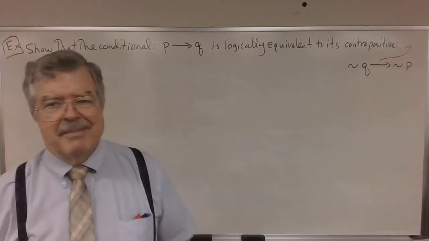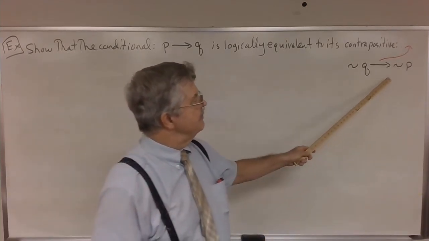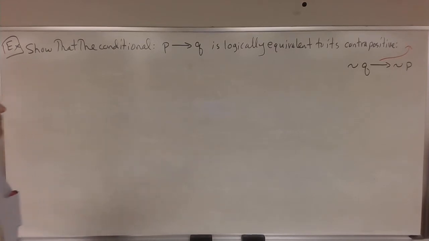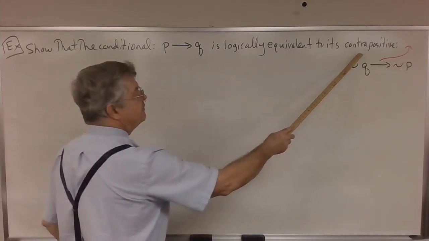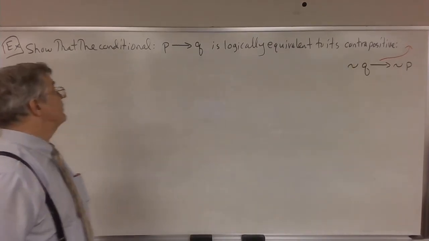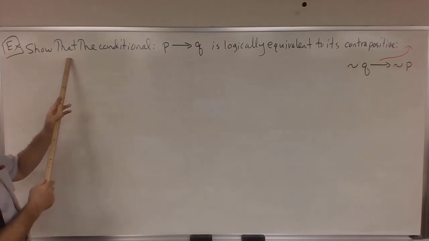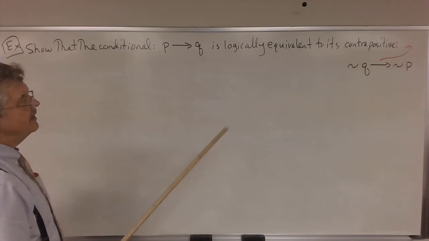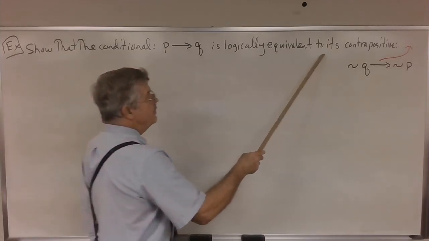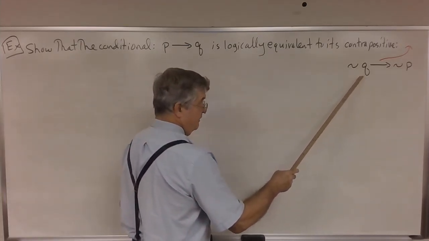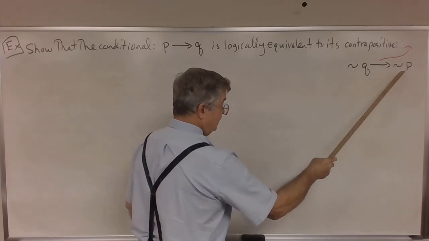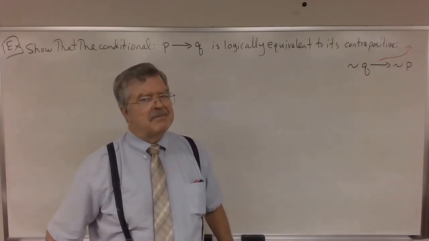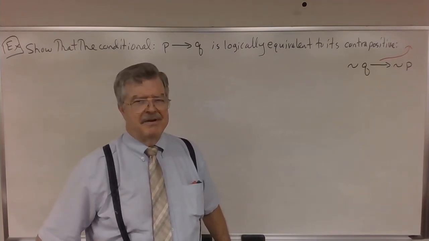Here's our next example, and hard as I tried to get this all on one line, I couldn't. But here's why the contrapositive is important. We're going to show that the conditional statement, P implies Q, is logically equivalent to its contrapositive, not Q implies not P. So in other words, they're the same statement, they just look different.